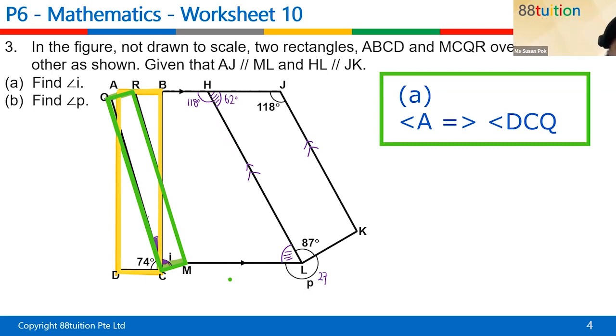That will give you 16. Okay. Means angle I is also 74. Yeah. 74 at where? Below, next to it here, right? Yes. Clever. You see?